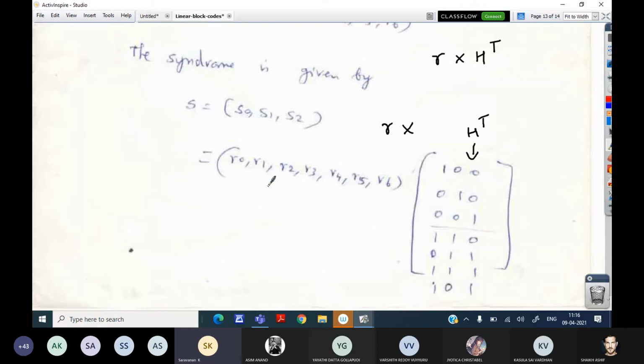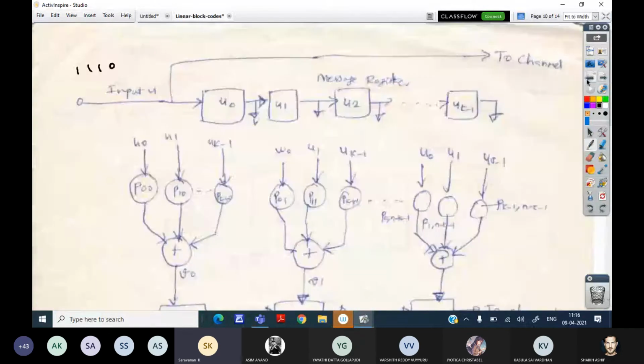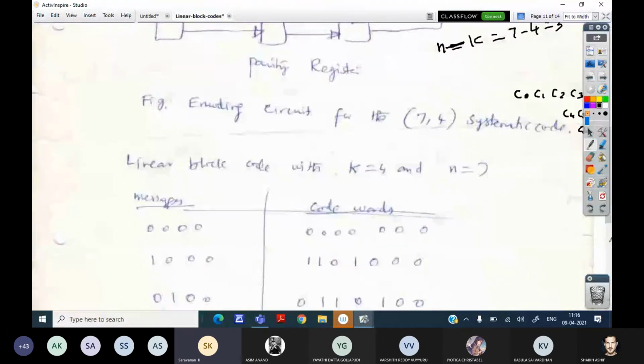Before doing this, I can take any one code vector. We have already computed these, even for the encoder we have designed. So you take this value.